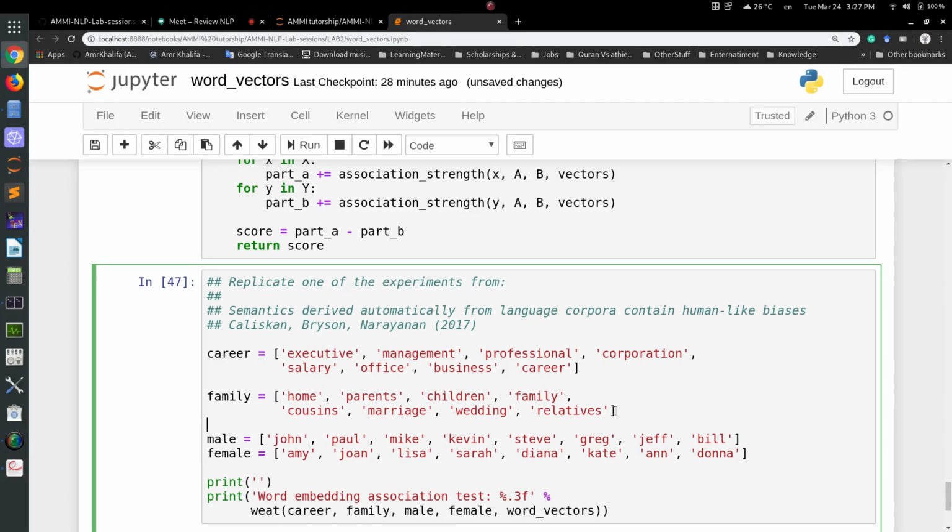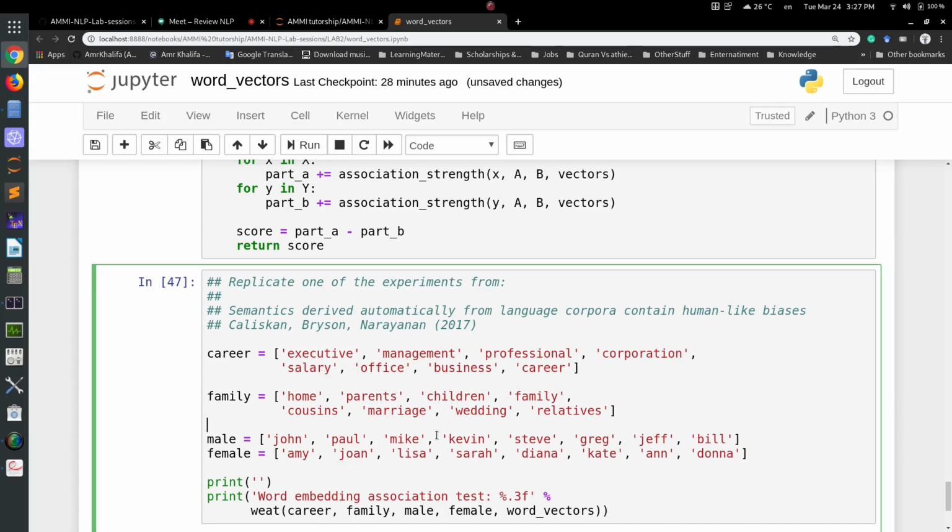So if males are more associated with careers than family, and females are more associated with family than careers, then there's going to be a discrepancy between male and female. There's going to be a large difference between the two groups. So that's one test to see if the word vectors that reflect our data set have some bias in them.